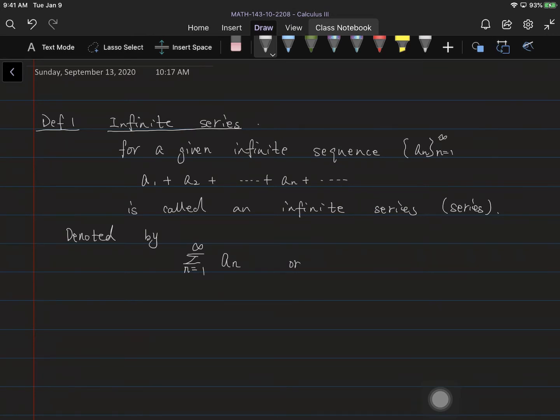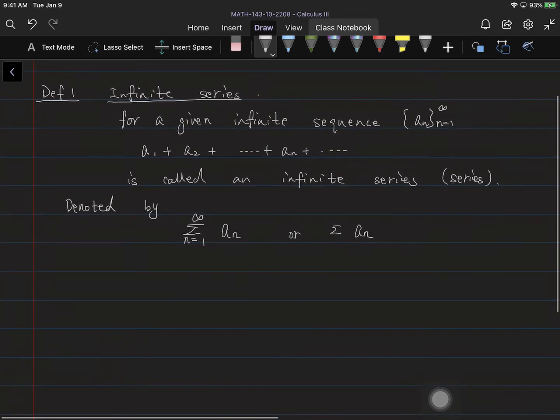Or sometimes for simplicity, we just do sum of an. So you can see the difference between sequence and the series, right? Sequence is just a list of numbers. But series is a sum of all those numbers. Okay, that's the definition.